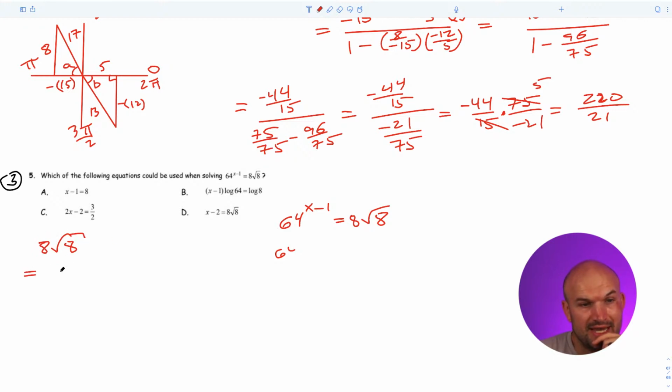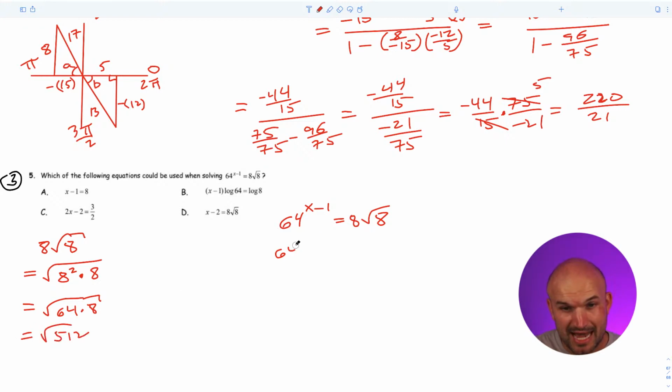That's the same thing as 8 squared times 8, right? Because if you take the square root of 8, using the properties of logarithms, they just give you 8. So therefore, that's going to be 64 times 8. And 64 times 8 is 512.